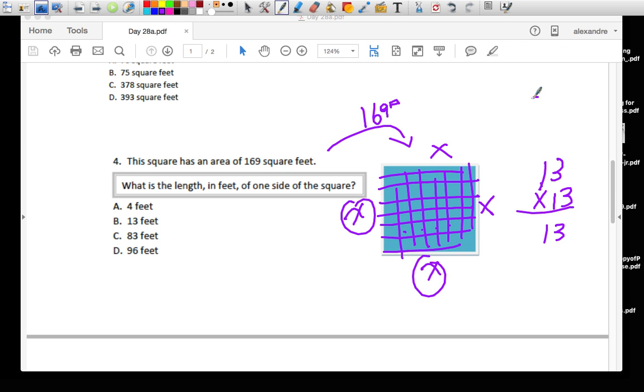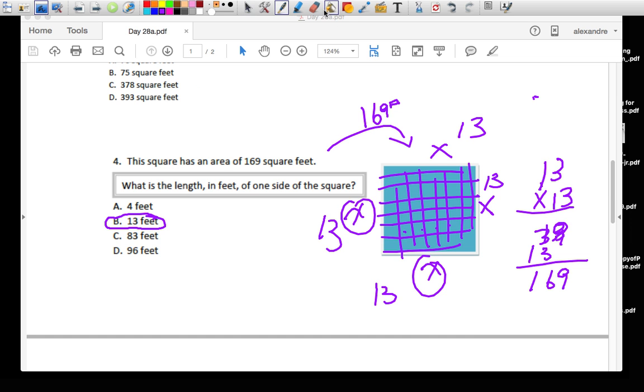Maybe 14. Why am I having difficulties? 3 times 3 is 9. Oh, I'm sorry. It is 13. So this is 13, this is 13, that's 13, this is 13. The length of the side of the square is 13. I need more coffee.